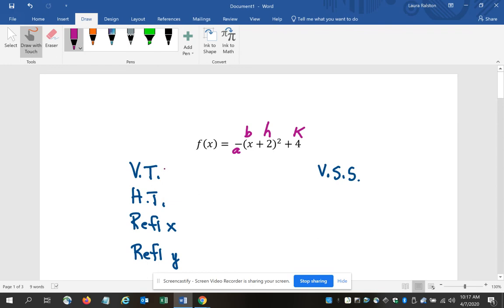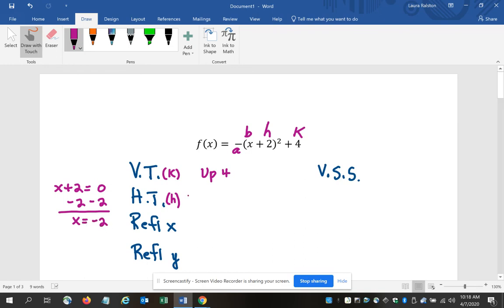Hopefully you remembered, since you were using your notes, that K tells you the vertical translation. So it's +4, so we went up 4. The horizontal translation is determined by H. I encourage you to take the expression inside the grouping symbol, x plus 2, and solve for x to avoid making an error in terms of whether you should go right or left.